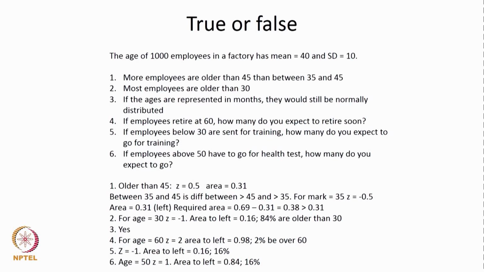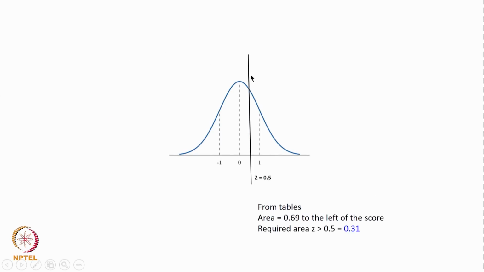Let us try to understand this a little bit more. Let us say we have this. This is a case where age is 45, so z is 0.5. The area to the left is 0.69, and this is 0.31. When we look at 35, z is equal to minus 0.5, which will come somewhere here, and by symmetry this area will also be equal to this area.